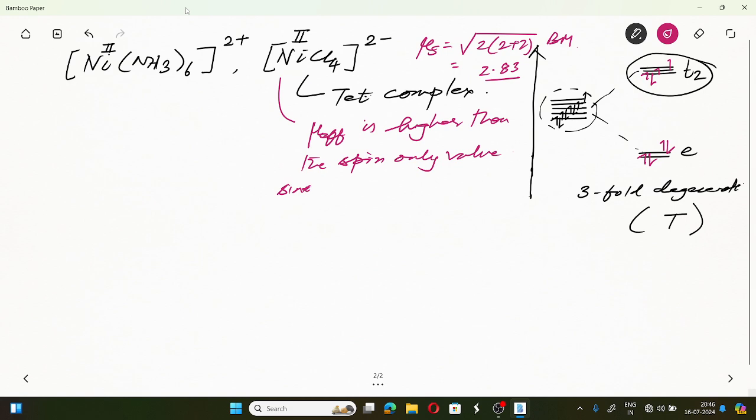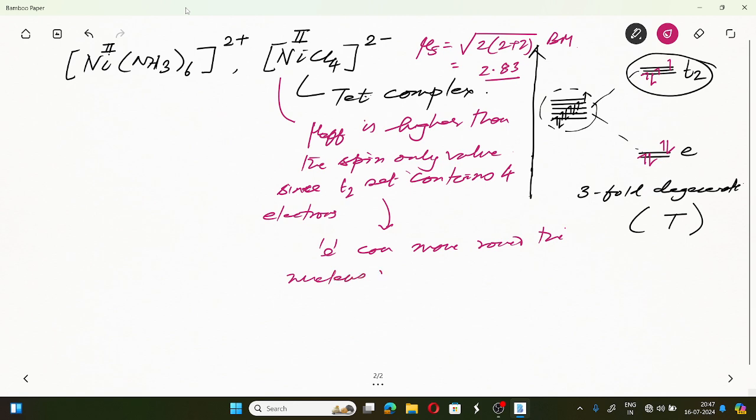Since the T2 set contains 4 electrons, electrons can move around the nucleus via these orbitals.